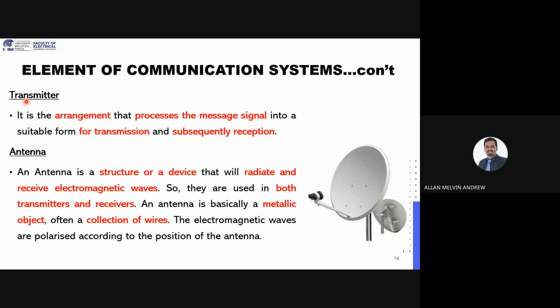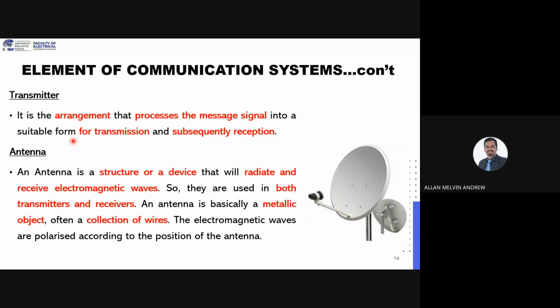In those times, we must have a separate transmitter and separate receiver to send and receive signals. But now we already have a combination of transmitter and receiver, which we call a transceiver. Here the explanation is given for the transmitter.